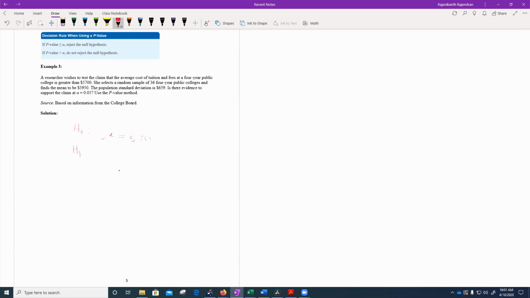The next one was a right tail test with 5700, right? So we had the picture for this problem. So we had a right tail test.